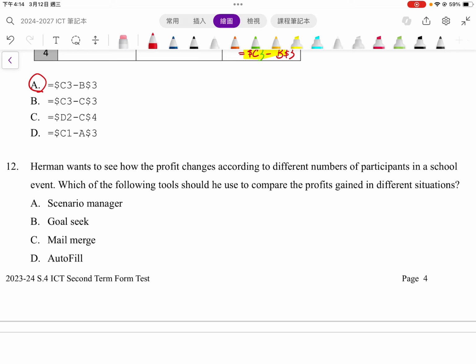Next, for this situation, Herman wants to see how the profit changes according to different numbers of participants. Which of the following tools should be used to compare the profit gains in different situations?